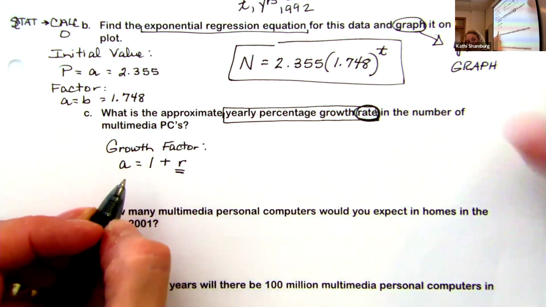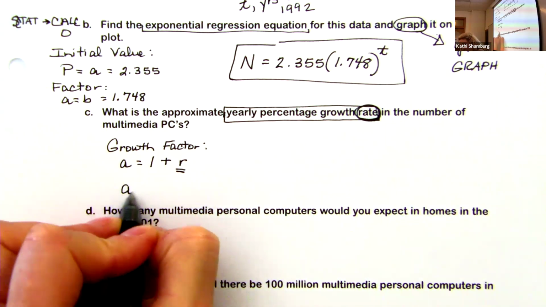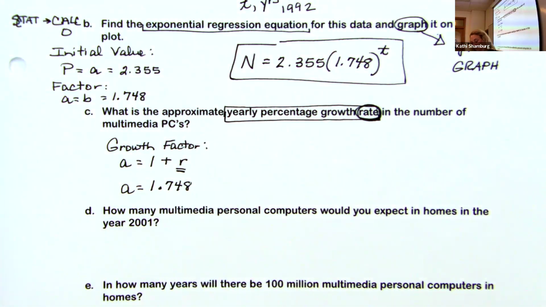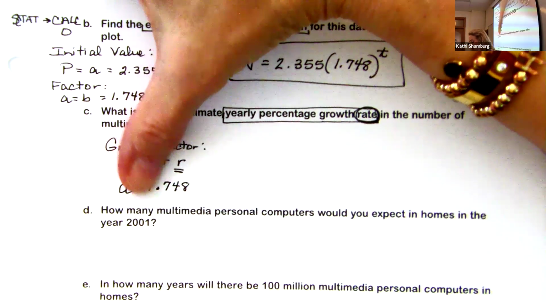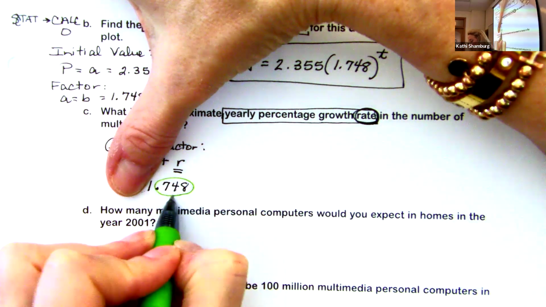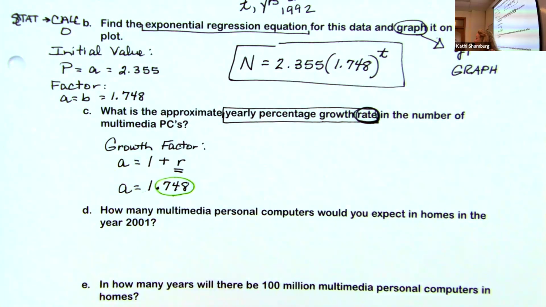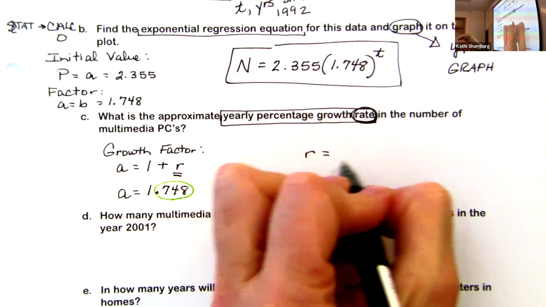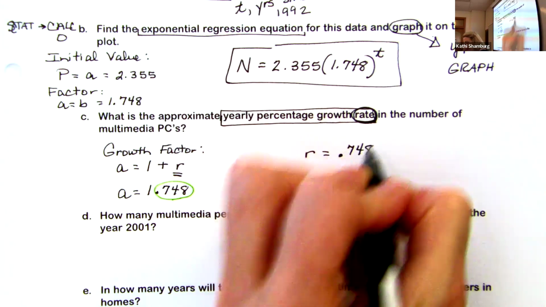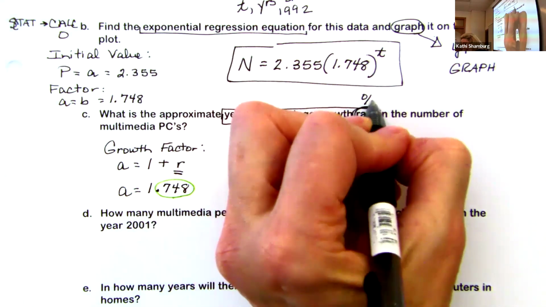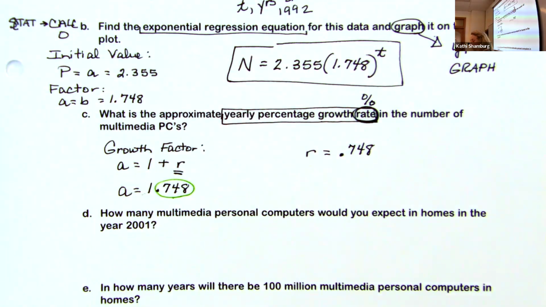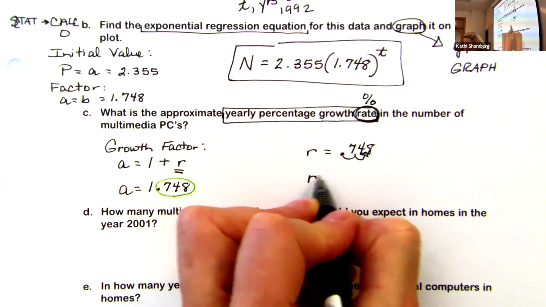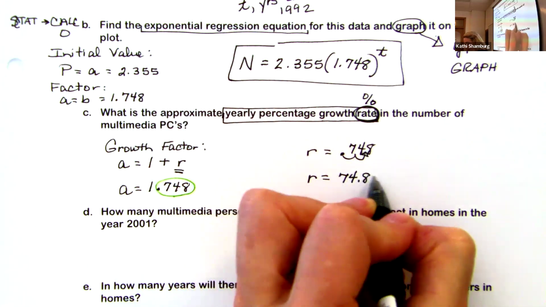The growth factor is 1.748, so we eliminate the 1, and the number left becomes your rate. So the rate is 0.748, but we want to represent it as a percent. To convert to a percent, you move the decimal 2 places to the right. So our rate is 74.8%.